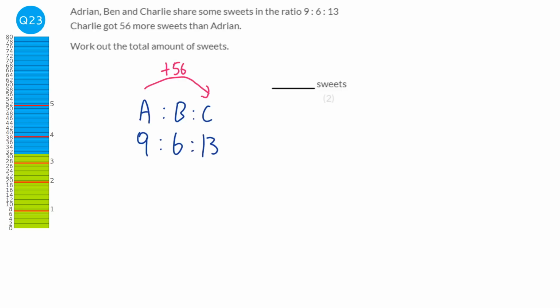Well, looking at the actual parts of the ratio, there are 4 more parts. So plus 4 parts, which represents plus 56 sweets. So the 4 extra parts are worth 56 sweets. So 4 parts are worth 56 sweets.